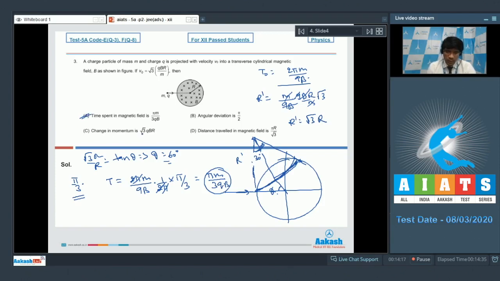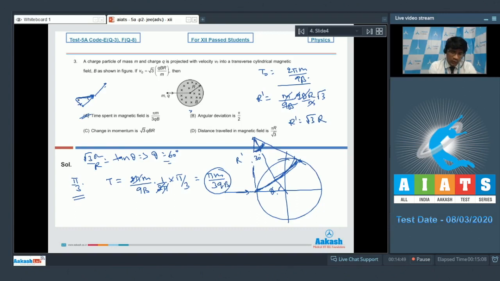Now the change in momentum, the distance traveled in the magnetic field, and the angular deviation. Definitely the angular deviation is how much? It is actually 60 degree, so this is a wrong option. Change in momentum: mv was along this direction, and finally it became mv along this direction. So this minus this one would be this vector. This is mv, this is mv, and this angle was how much? 60 degree.